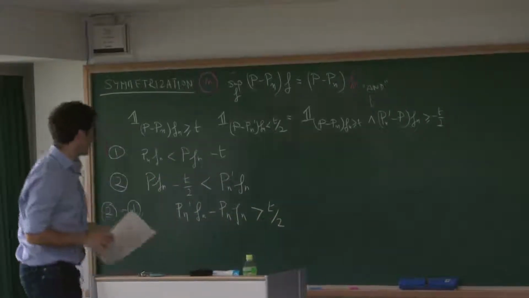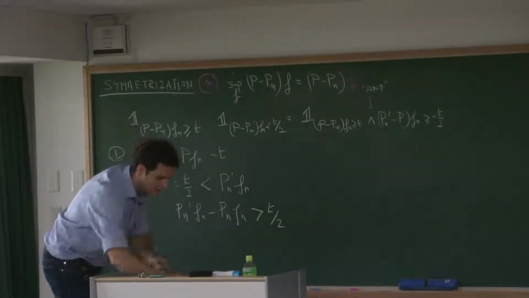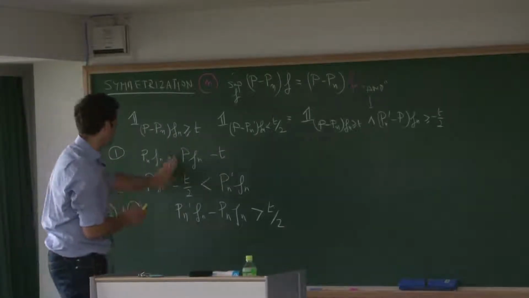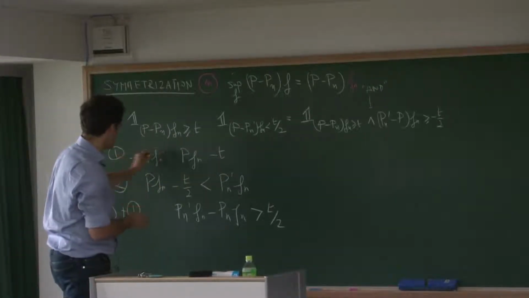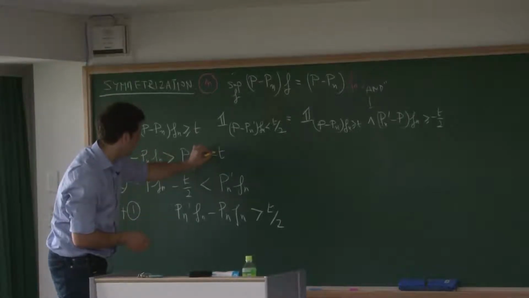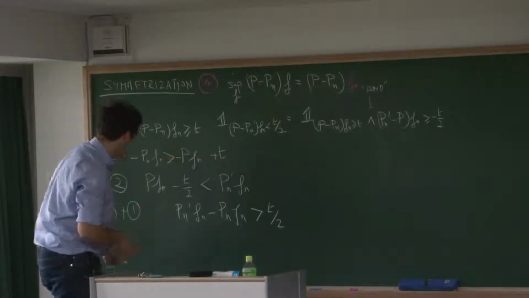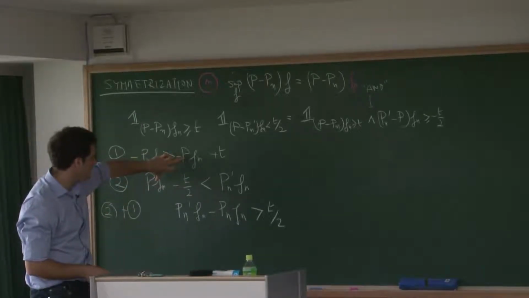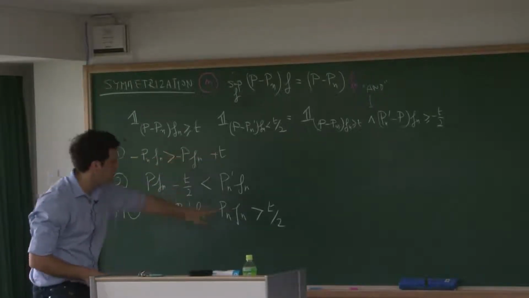Basically, if I just add this plus this, those two terms cancel out, t minus t divided by 2, and I get this.